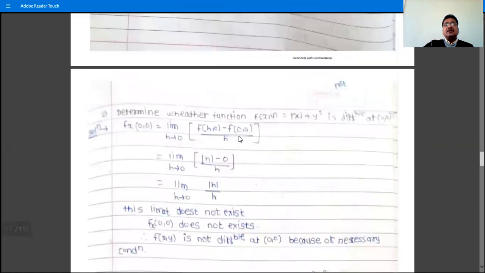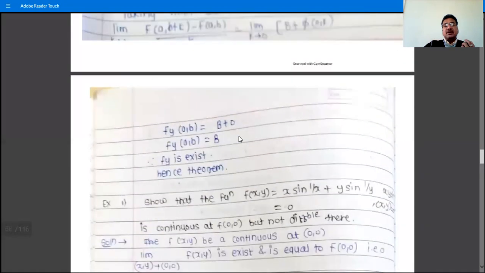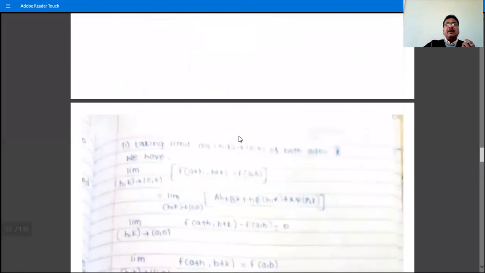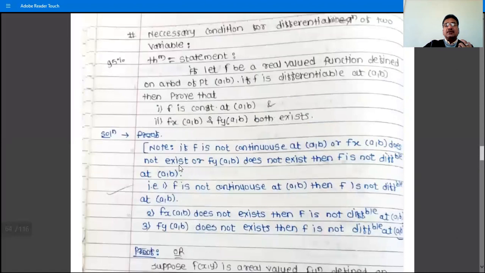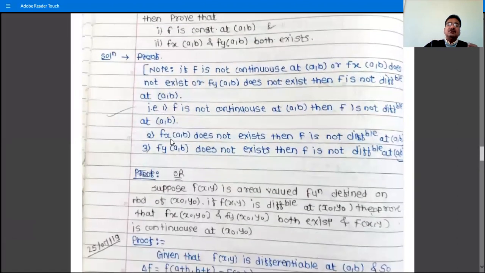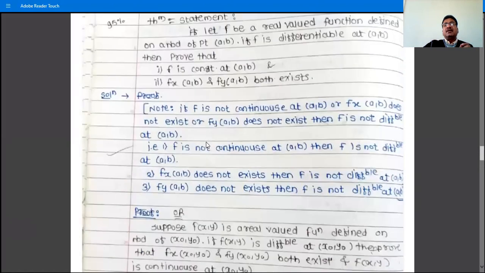So what are the four ways to show the function is not differentiable at (a,b)? Either show the function f is not continuous at (a,b), or show f_x(a,b) does not exist, or show f_y(a,b) does not exist. Or the fourth way is to use the definition and contradiction method.